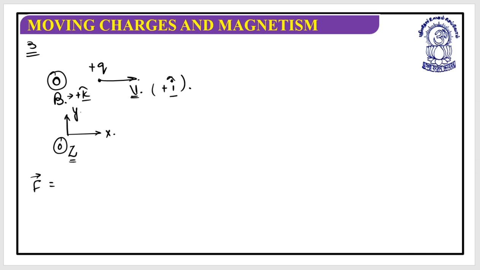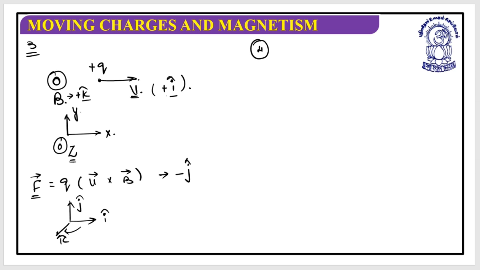If you understood, it's v cross b, F is equal to q into v cross b. This is i, this is j, this is k. I hope this is clear. It's i cross k, you are moving in a clockwise direction, so the force should be in the minus j direction. Yes, this is the direction of force.